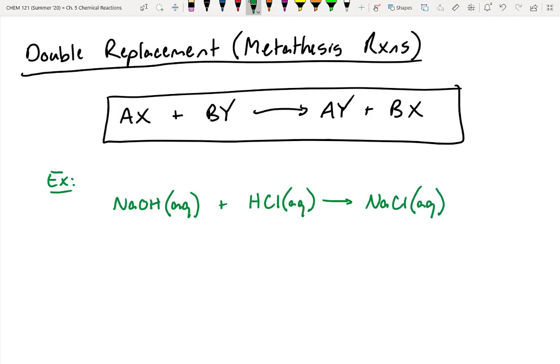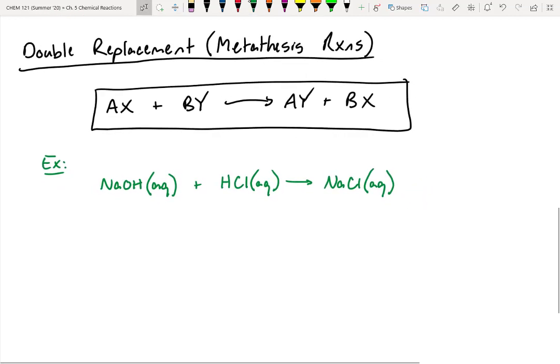So acid-base neutralization reactions are a classic example of double replacement. Let's figure out what the remaining product would be. Over here, sodium ended up with the chlorine. So what's left over is this OH and H, which means we're going to have two hydrogens and an oxygen. We can put this together and say that we're going to form liquid water. So this would be an example of a metathesis reaction.